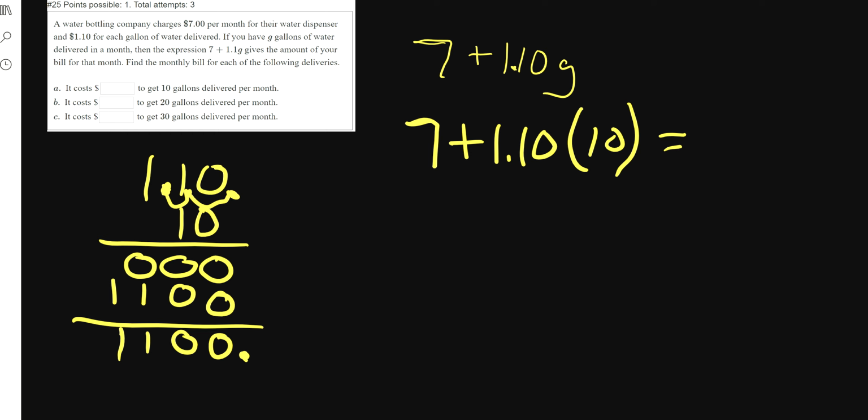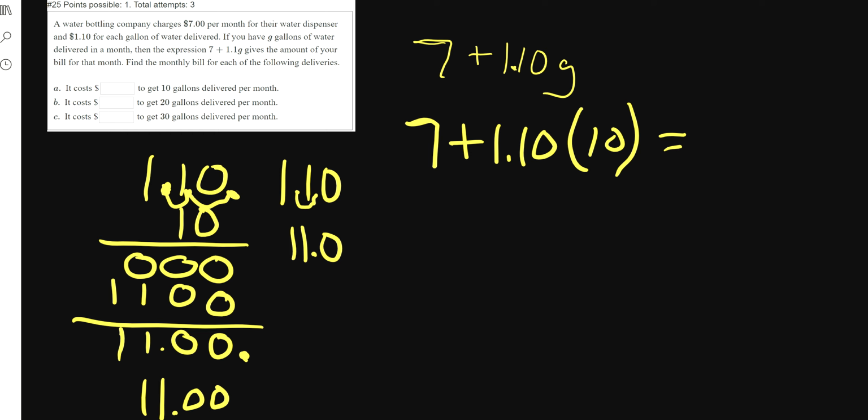So if I move it in 2, my answer becomes 11.00. So noticing if I had $1.10 here, if I multiply it by 10, I'm really just saying I'm going to move that decimal over 1 to the right. And that'll give me 11.0 as well. A little shortcut for multiplying by 10.